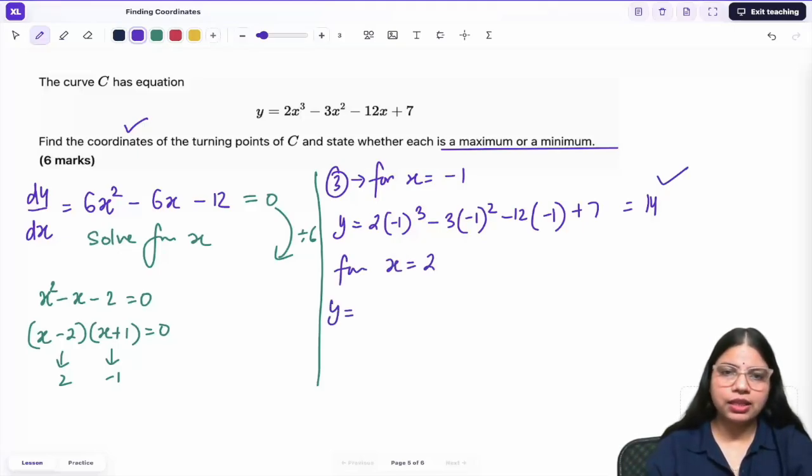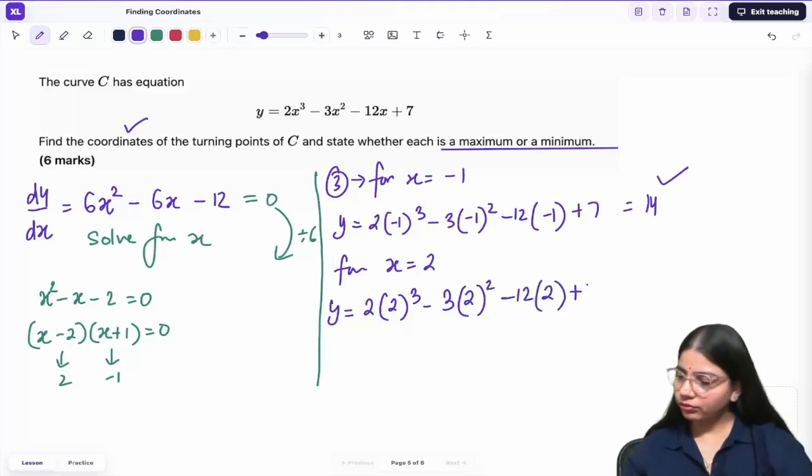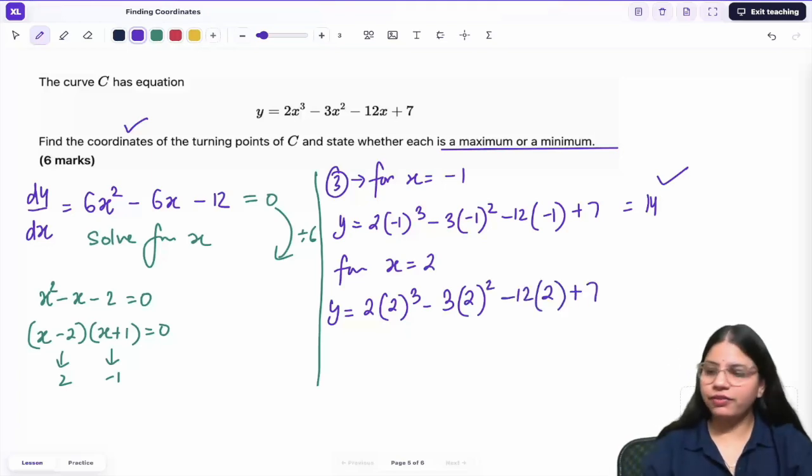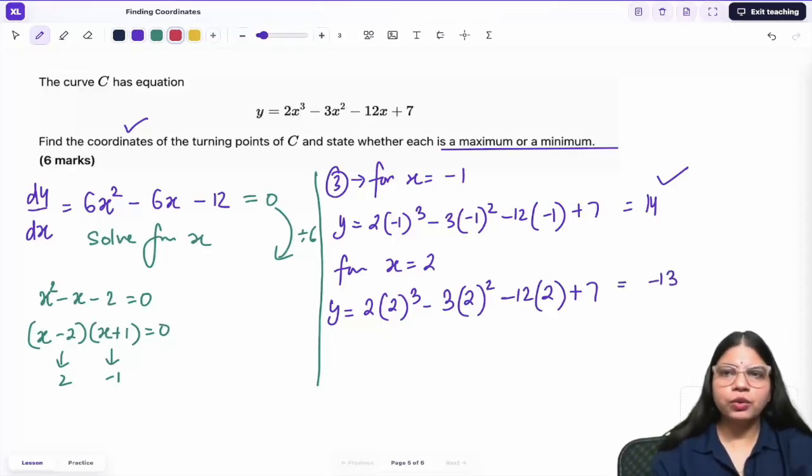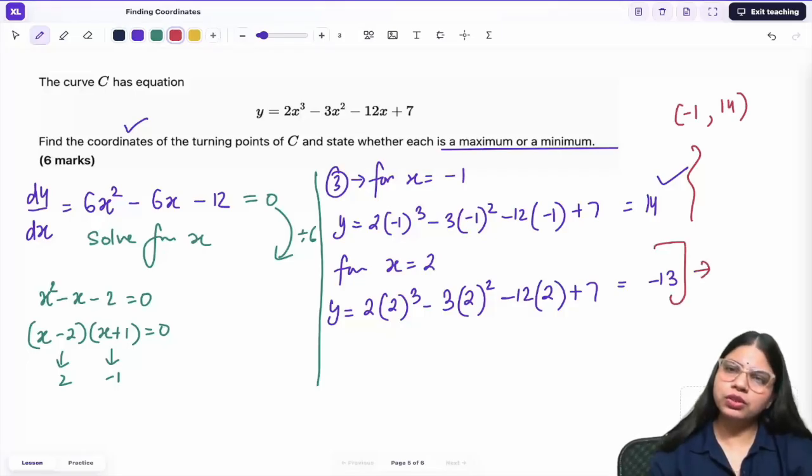Just plug it there: 2 times 2 cubed minus 3 times 2 squared minus 12 times 2 plus 7. That gives me minus 13. So from here we get minus 1 comma 14, and 2 comma minus 13.